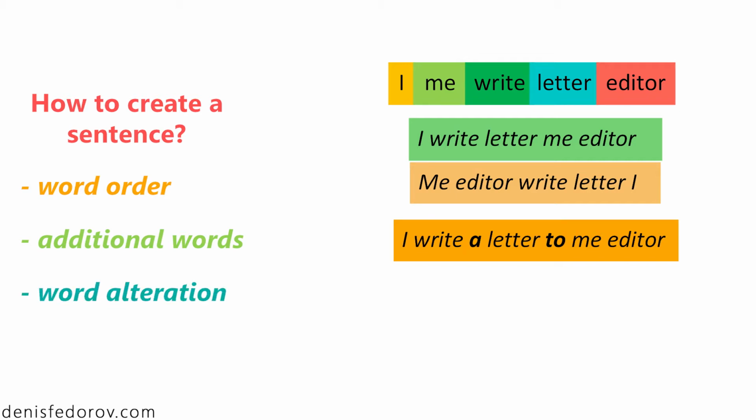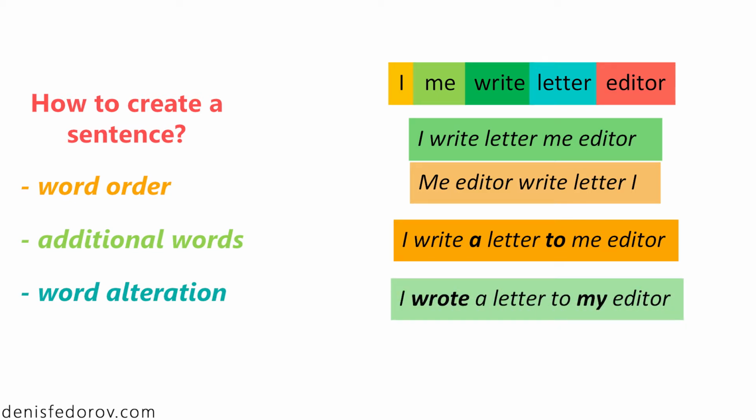The third tool is the alteration of the word. I wrote a letter to my editor. So now, thanks to this transformation of the verb write, we can convey a tense and indicate that the action did actually happen. Before we were thinking about the present tense, but that actually took place in the past.